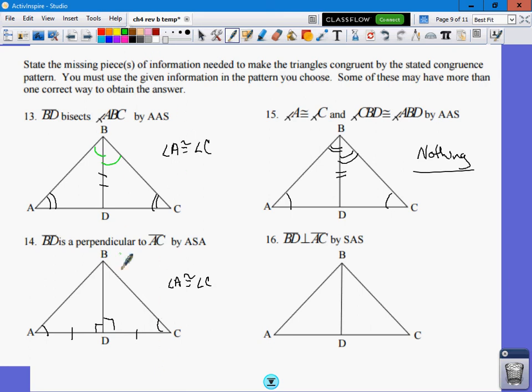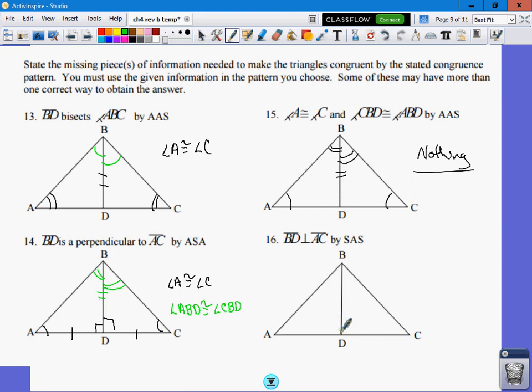I do know that BD is congruent to itself, so I could also have stated angle ABD is congruent to angle CBD. Either one of these would certainly work.